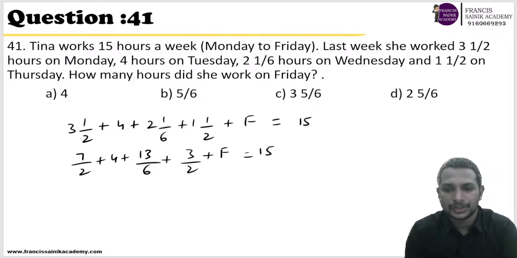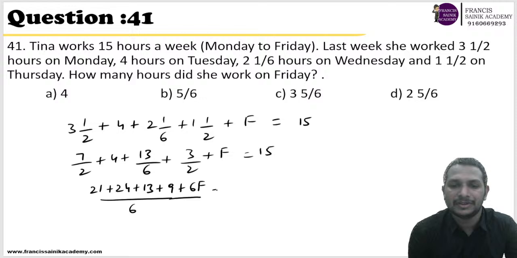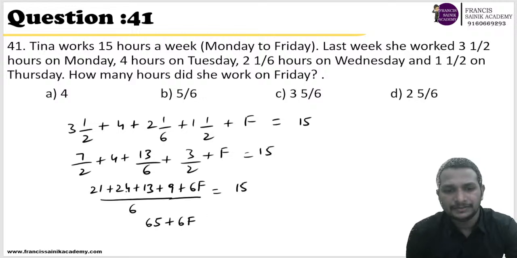If I take out the LCM as 6 and then simplify, we'll be getting it like this. So if I add all of them, 21 plus 24 is 45, plus 13 is 58, plus 9 is 67, plus 6f.